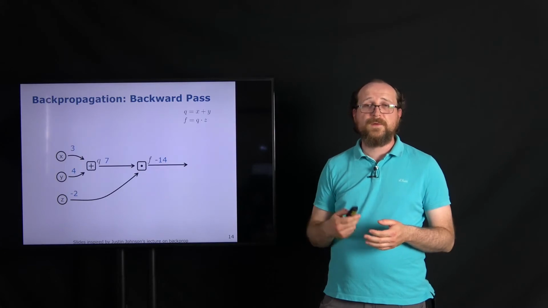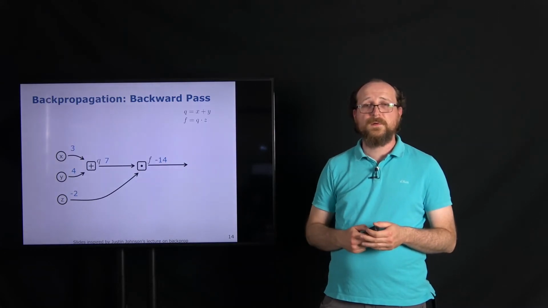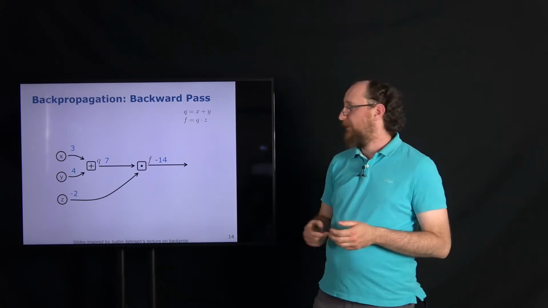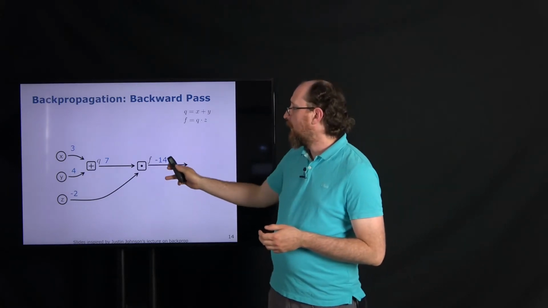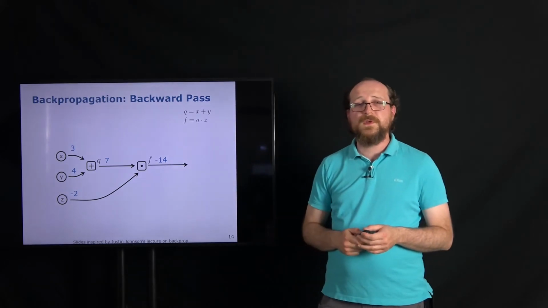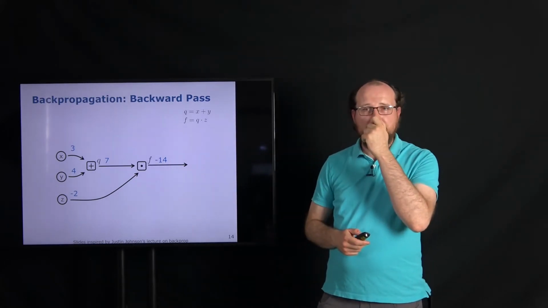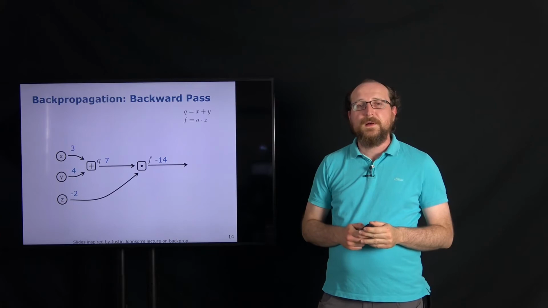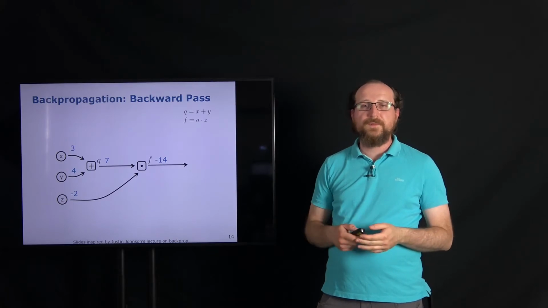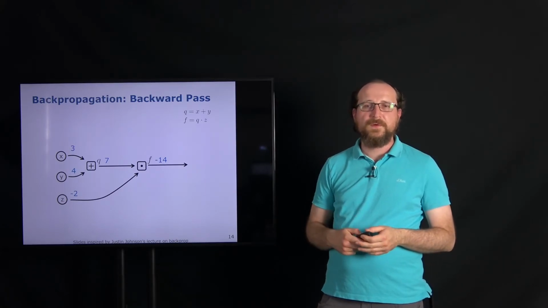And for the backward pass, this looks like this. So we have the graph again, and we are starting now at the end, in this case here. And we first want to compute the base case, where we want to have the derivative of the output with respect to its input.